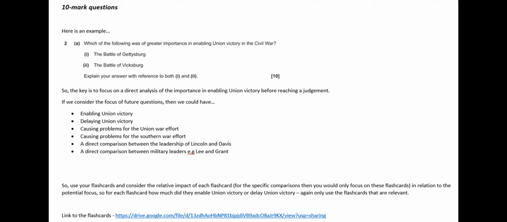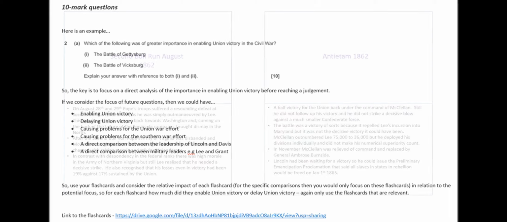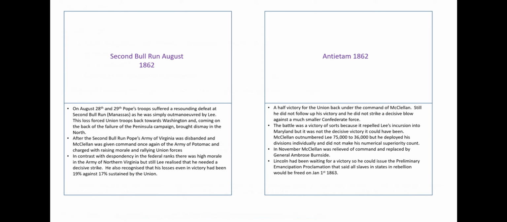So if we think about how you would use your flashcards, and again there's a link there to your flashcards at the bottom of this page in your lesson notes template. Here's an example. You will begin to annotate these flashcards and begin to use them in relation to some of the potential focuses. Now, obviously, if it's a question directly about Lee and Grant, then you only need the flashcards on Lee and Grant.